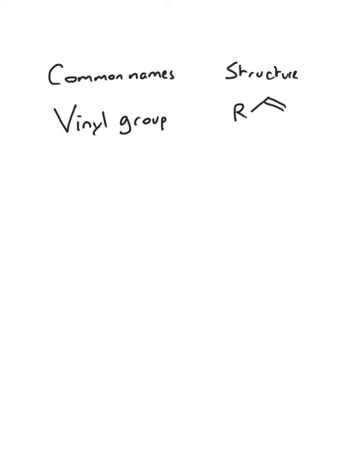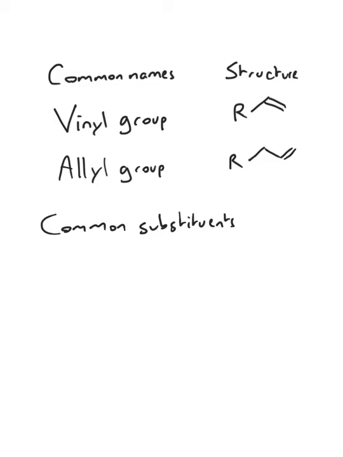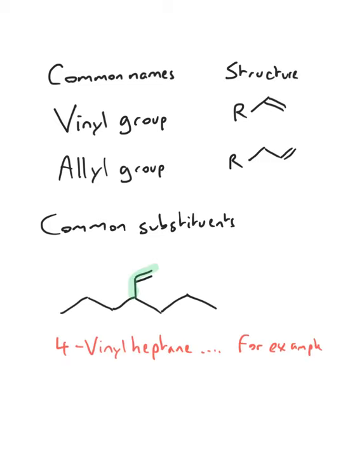There are also two common names we need to be aware of. These are the vinyl group and the allyl group, which have these kinds of structures. If you see these as substituents, you may be able to use the common name.